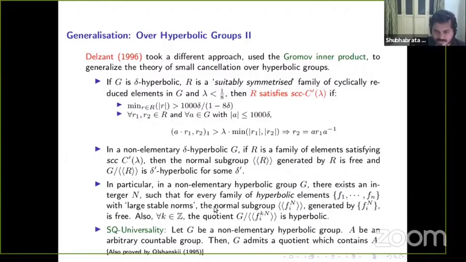And here is a special case of that: if we take hyperbolic elements in hyperbolic groups, a set of them, F1 to Fn, with large stable length or stable norm, we will see a similar definition a few slides later, then there exists an integer n such that if we raise all of them to the n and take the normal subgroup generated by them, then that is free. And similarly the quotient is hyperbolic. So these are remarkable results.